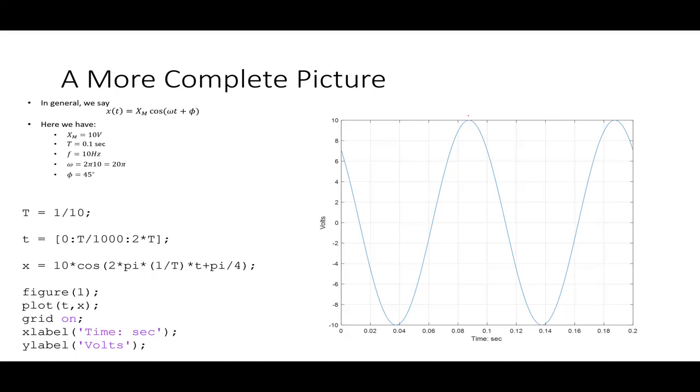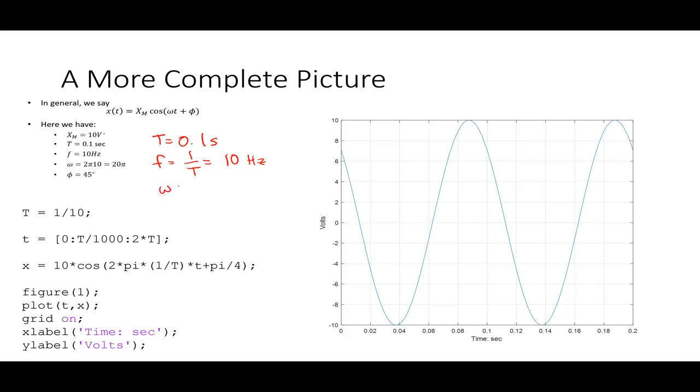In this particular case, the way that I drew this waveform, I had a period of 0.1 seconds. So T equals 0.1 seconds. We said f equals 1 over T. So that gives me 10 hertz.